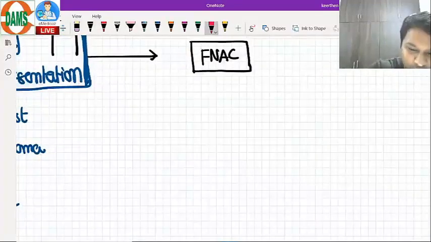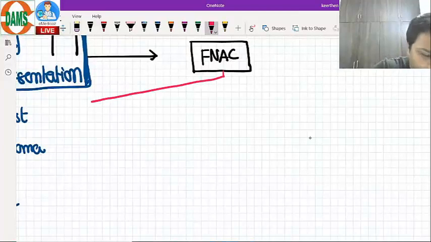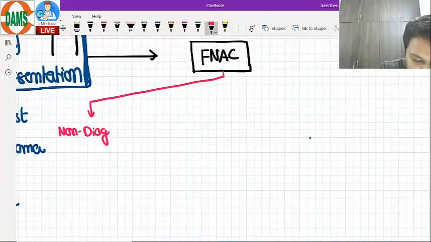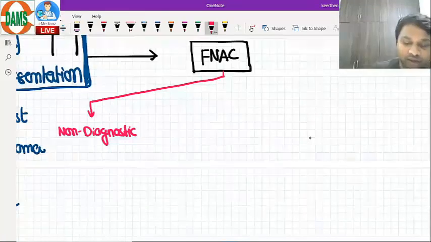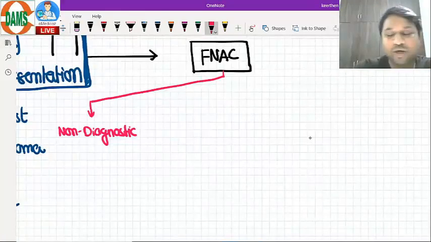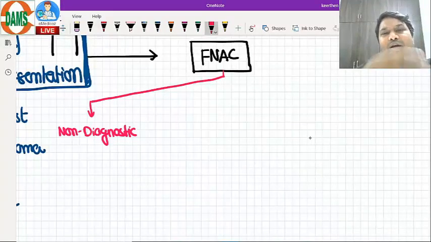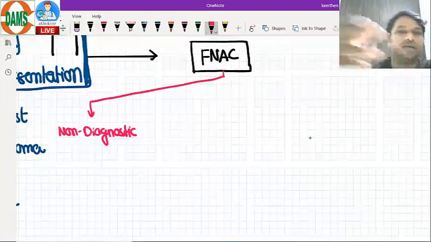Now, the following possibilities can occur. FNAC can turn out to be, number one, non-diagnostic. Why FNAC turns out to be non-diagnostic sometimes is because majority of the times we don't ask them to take an ultrasound guided biopsy or ultrasound guided FNAC.